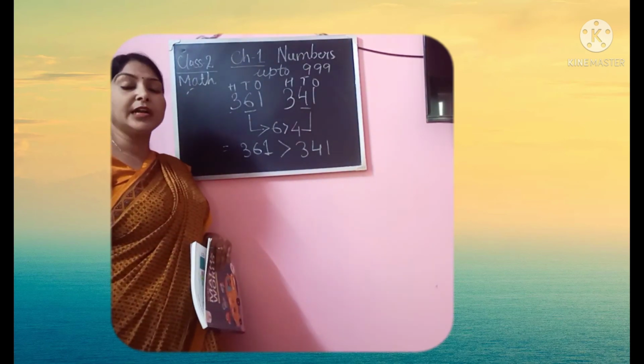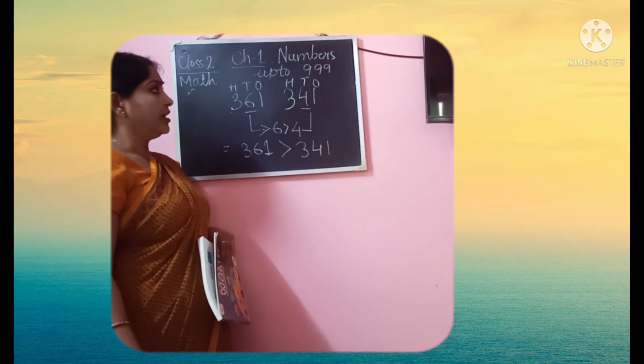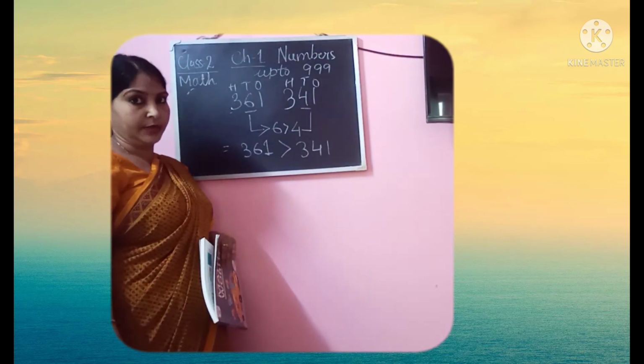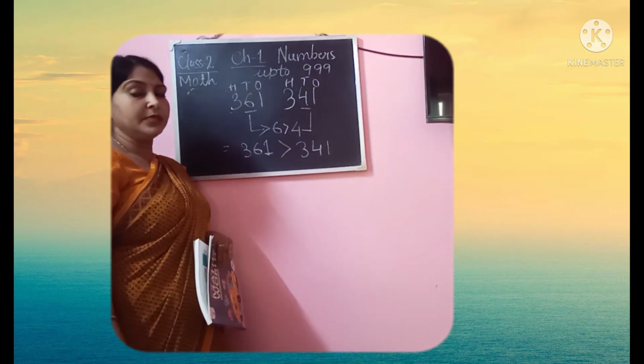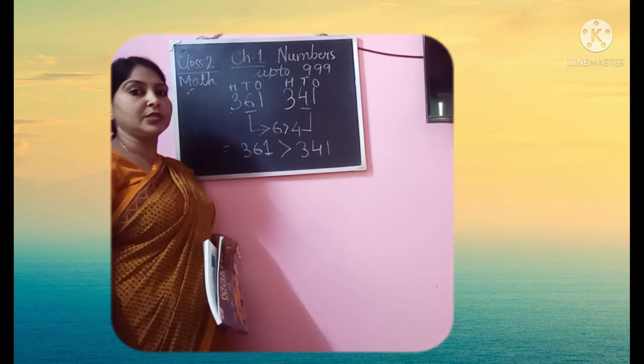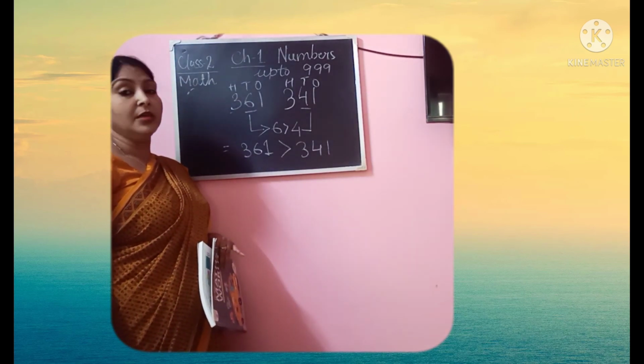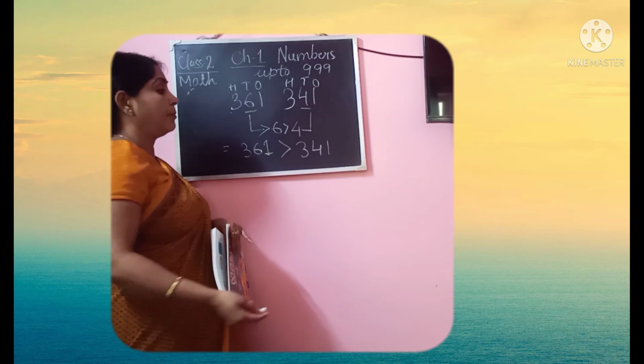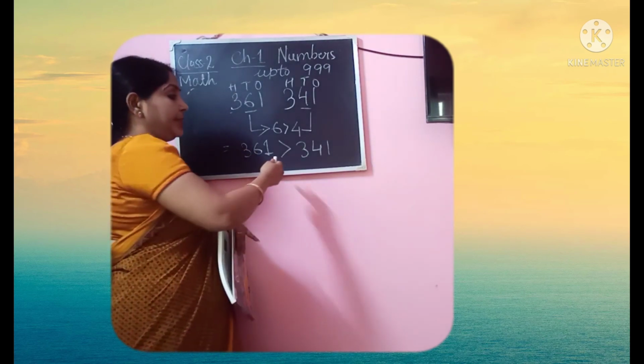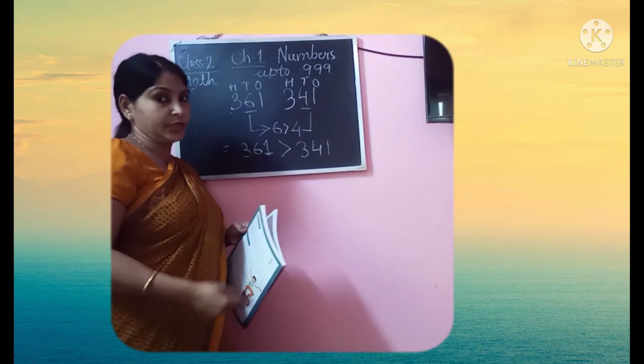In your class you will be learning up to 3-digit numbers. I think in mental maths you are doing 1000, like 4-digit numbers, but basically we will be dealing with 3-digit numbers.